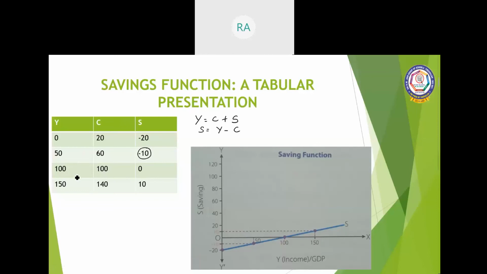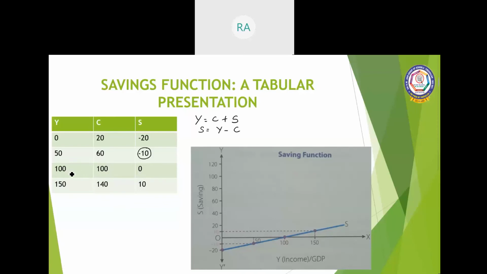At the third level, when the income has increased from 50 to 100, there is a difference of 50. Consumption expenditure has increased from 60 to 100 with a difference of 40. But the entire income is spent on consumption. As income 100 is equal to consumption expenditure 100, there is nil saving, or zero saving.